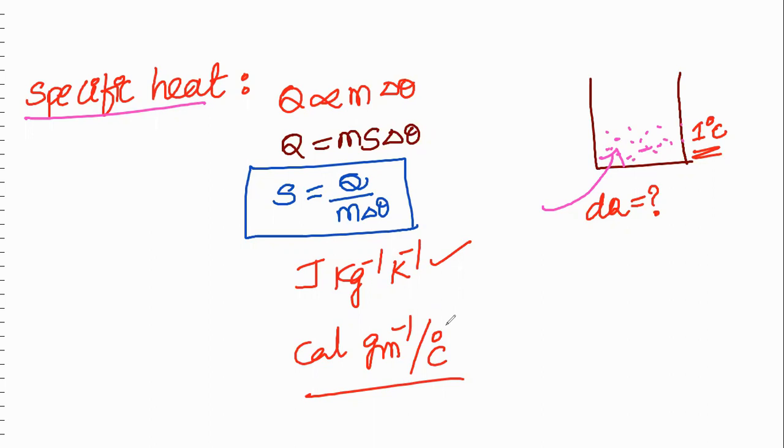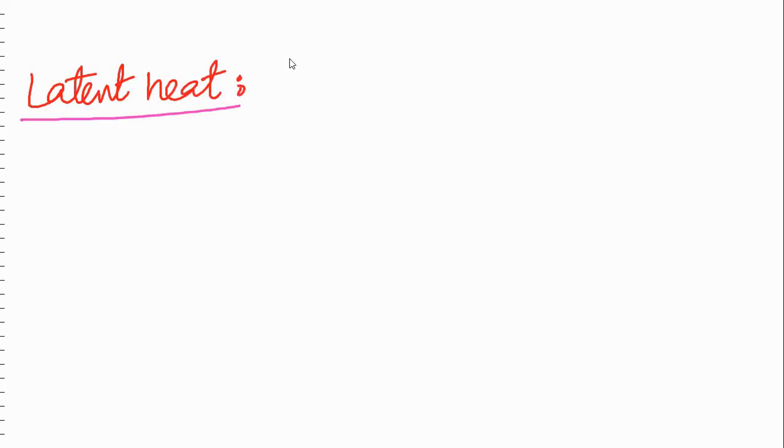So the next one is latent heat. What is latent heat? It is the amount of heat required to convert the state. Latent heat is the amount of heat required to convert from solid to liquid or liquid to vapor, like that. So latent heat is the amount of heat required to convert the state of matter.